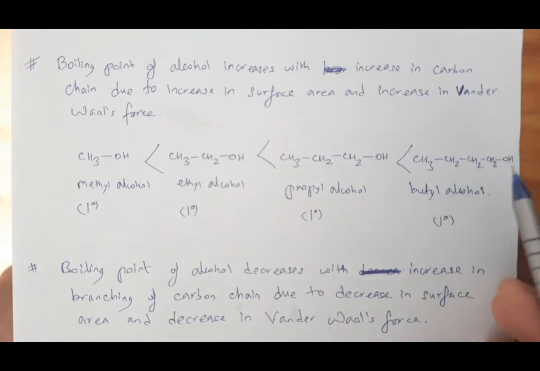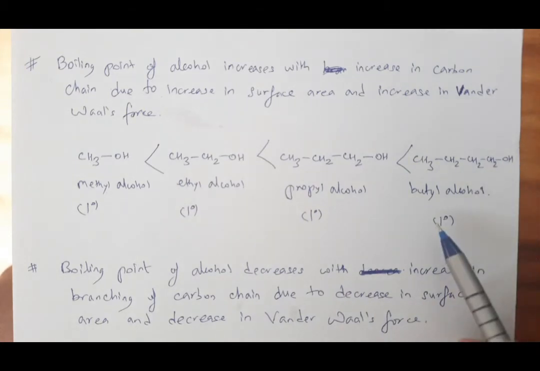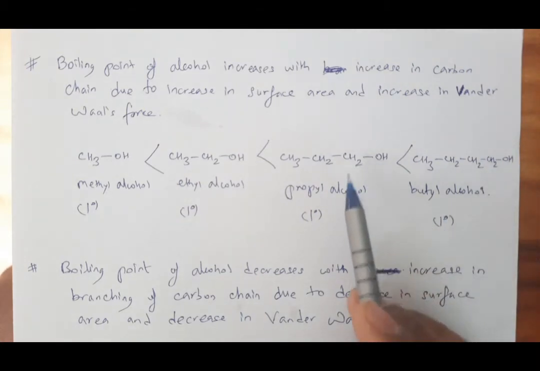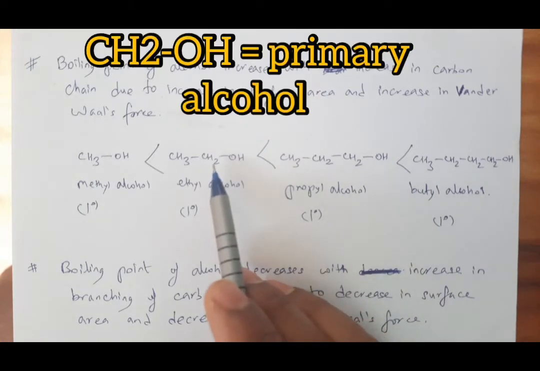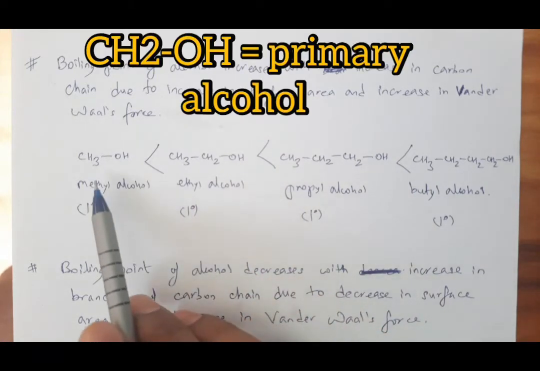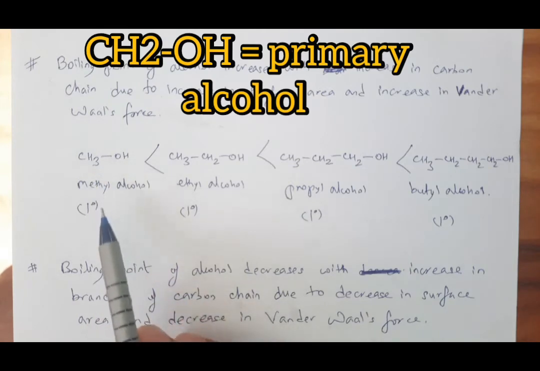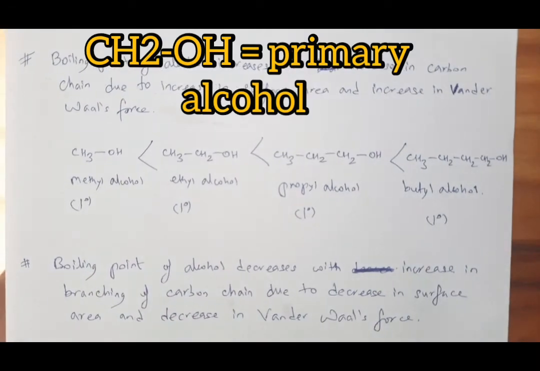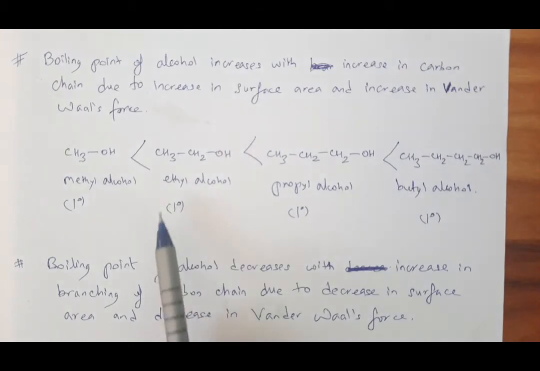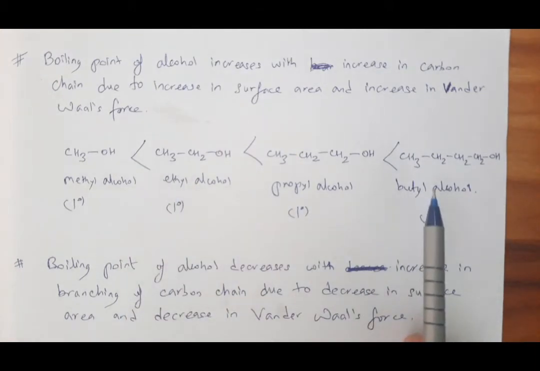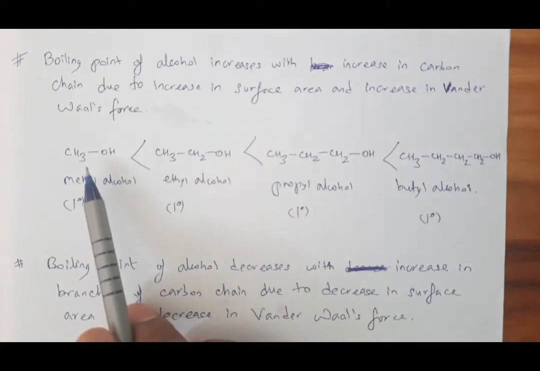And if you see here, OH is linked with CH2, so it's a primary alcohol. In methyl alcohol, OH is linked with CH3, but yet it comes under primary alcohol, students. All 4 are examples of primary alcohol.